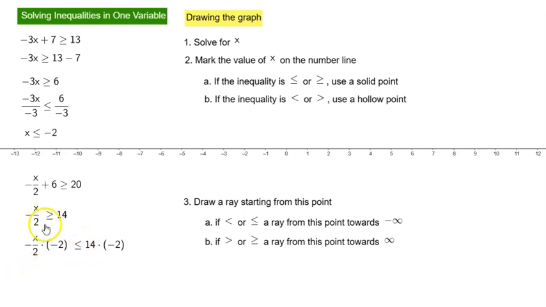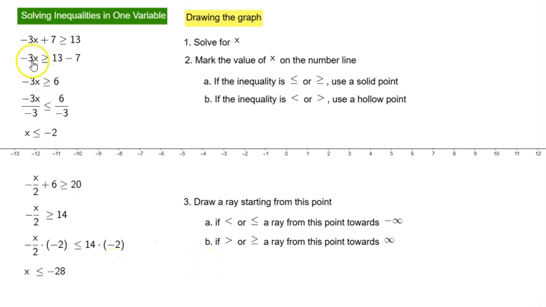So the inequality reverses, and finally we get x is less than or equal to minus 28. As we get larger numbers, it becomes difficult to plot the graph without rescaling the number line. So we will leave it at that.